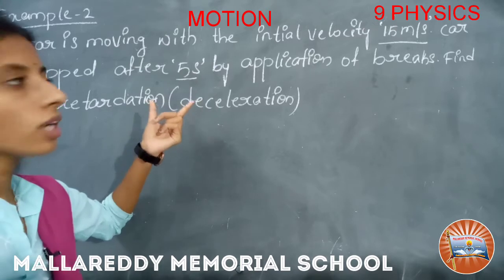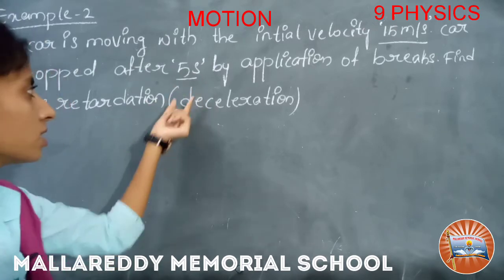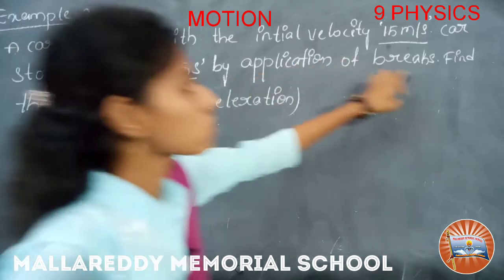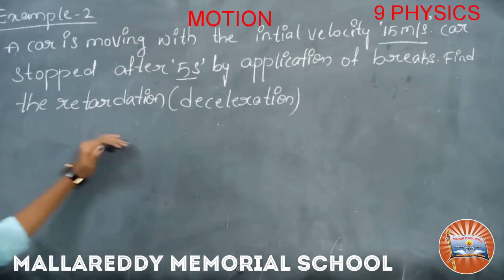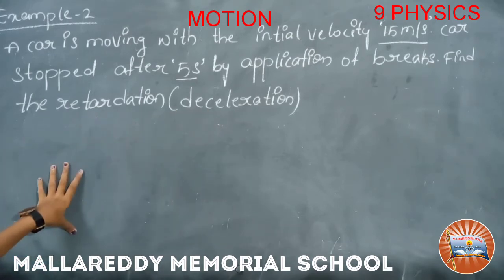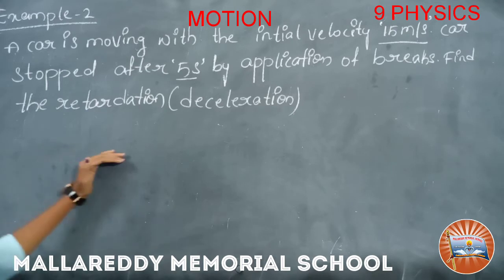So here they have not given any distance, just given the time. So the final velocity is 0 here. So find the retardation or deceleration.